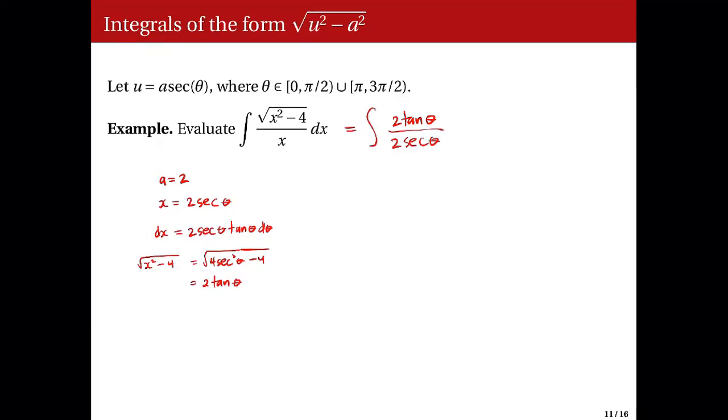And then for dx, you have 2 secant theta tangent theta d theta. Which means we can cancel this 2 secant theta and this one here. This simplifies into the integral of 2, let me put it outside the integral, tangent squared theta d theta.